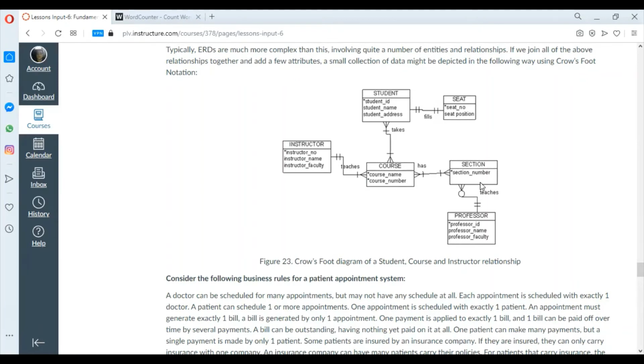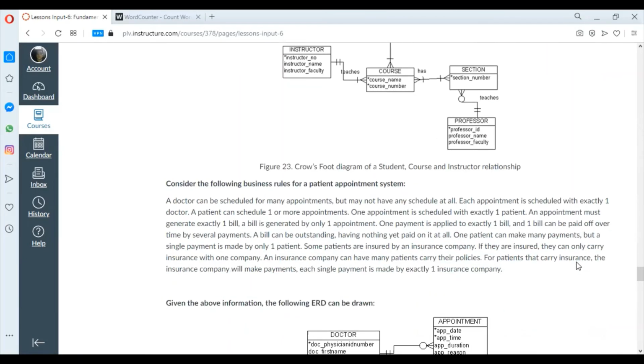It's not required to have a straight line. Also in this example, we have written the columns or attributes of that particular object. So for student, for example, we have student ID, student name, and student address.